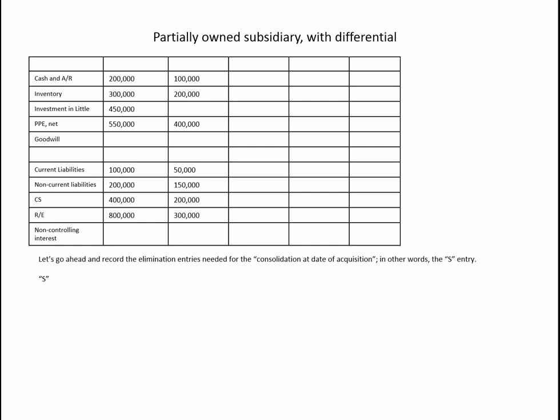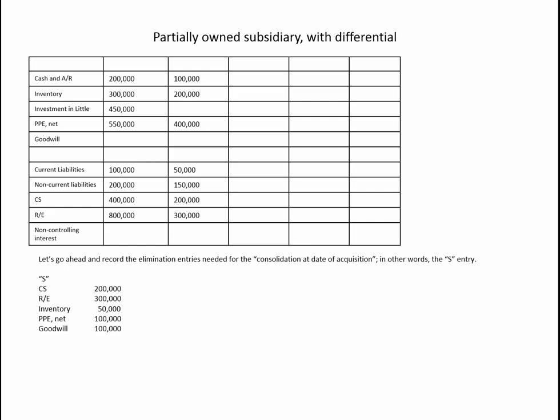So what do we do in the S entry? We eliminate the subsidiary's beginning of year equity accounts, so we debit common stock and retained earnings for their beginning of year balances. We record the various differential asset values. We're going to add $50,000 to inventory, we're going to add $100,000 to property, plant, and equipment because they're both undervalued, and we're going to go ahead and record $100,000 of goodwill. Okay, those 5 debits combined add up to $750,000.